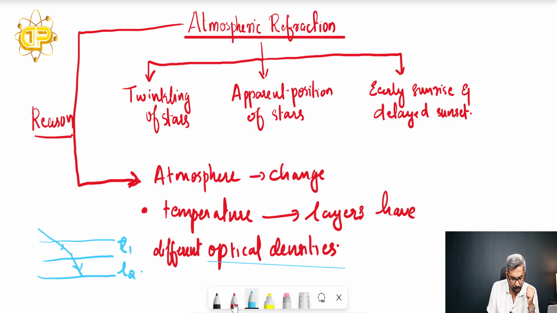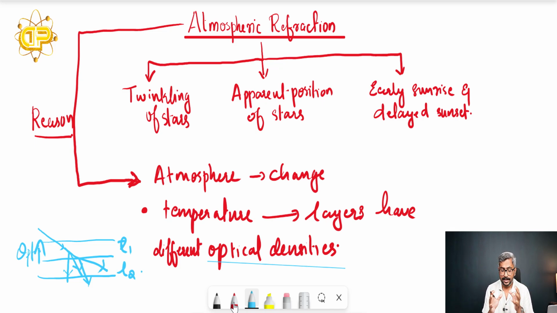And the optical density at any time continuously changes. It can become a denser medium or a rarer medium. As a result, the refraction process also continuously changes.